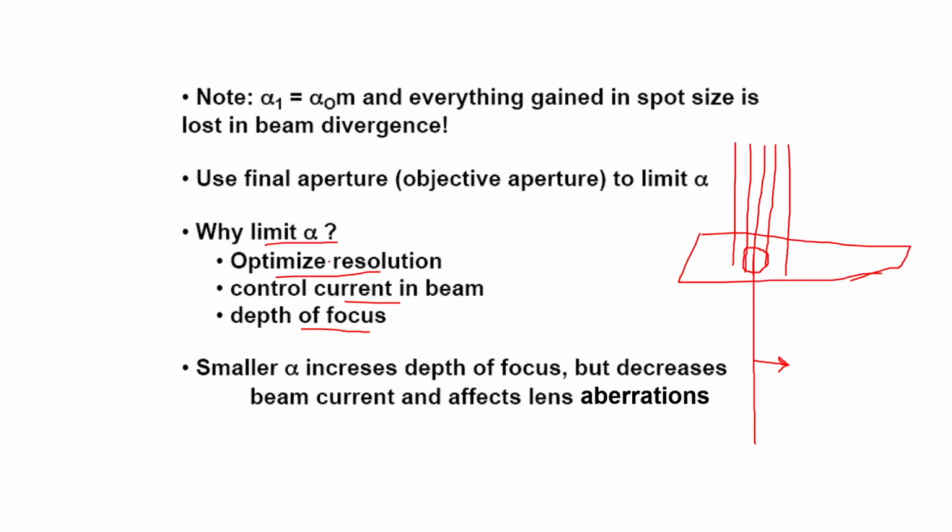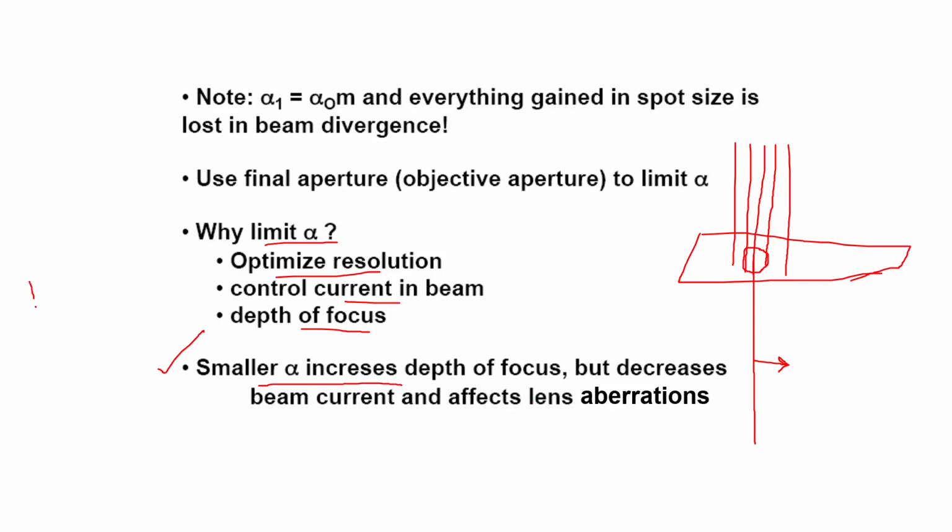Alpha, as I told you, is the convergence angle. It will optimize the resolution. It will also control the current carried by the electron beam, and it relates to the depth of focus of the image. So keep in mind that a smaller alpha increases depth of focus but decreases beam current and affects the lens aberration.